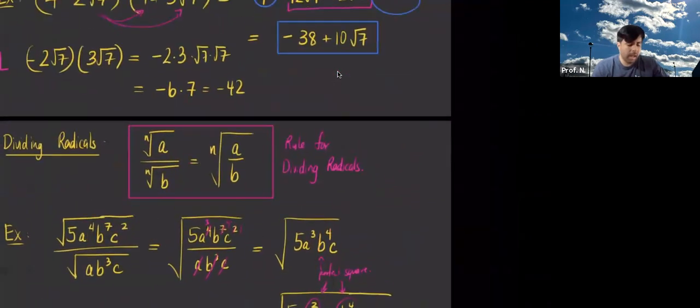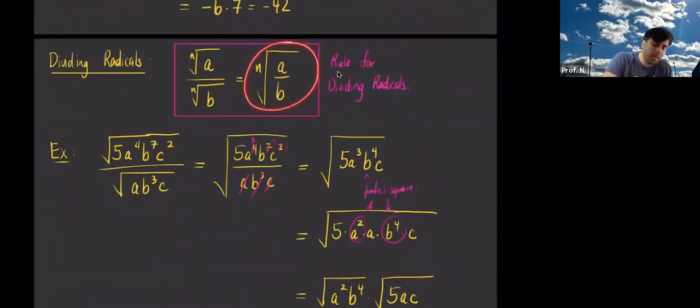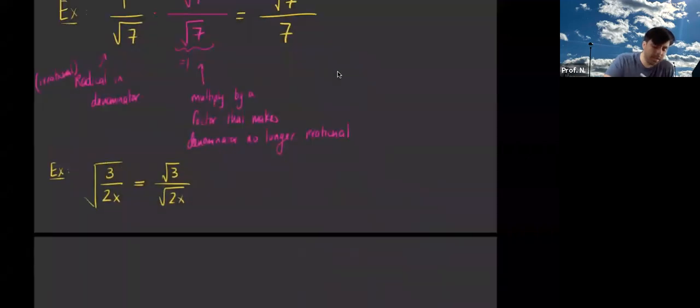I have this fraction underneath a radical. I can separate them as a fraction of the numerator divided by the radical in the denominator. Same thing here. Now, what's the problem? I have a radical or irrational expression in the denominator. I must make it non-irrational. I must make it rational.